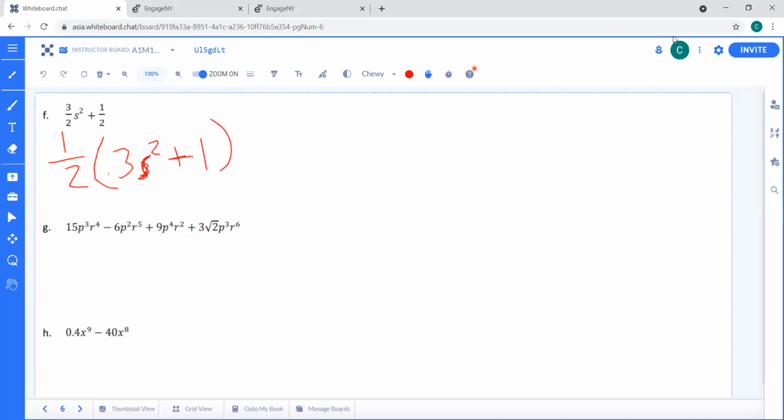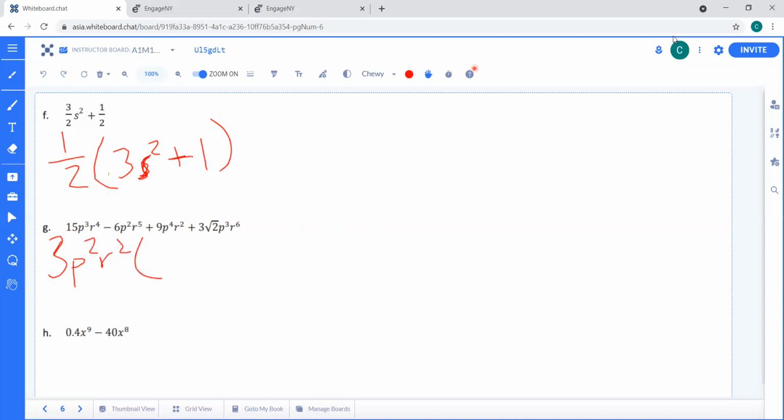Oh my goodness. This one is. Can we factor something out of all of them? Well, we know we can factor out p squared and r squared. They're all multiples of 3. So let's go 3p squared r squared.